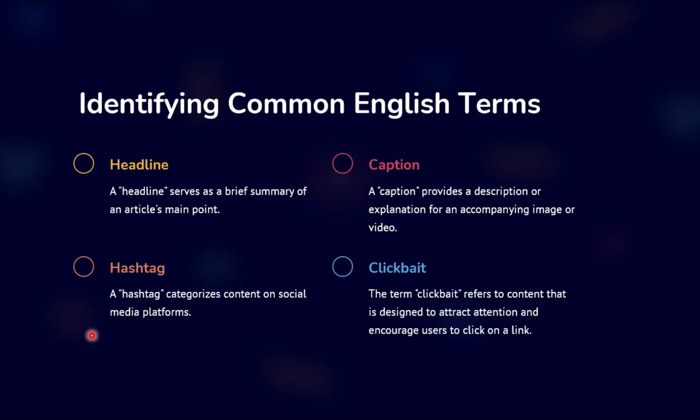First, and before we get started, let's identify some common English terms. Let's say media terminology. For example, let's check headline. So a headline serves as a brief summary of an article's main point. You and I can identify headlines.